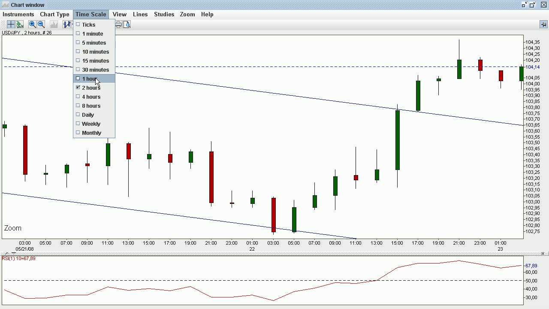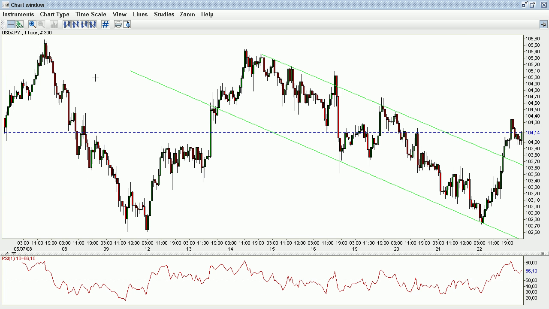So what might happen today is due to the correlation between the Euro US dollar and the US dollar Japanese yen. These pairs are negatively correlated, so if one falls down, then the other one is going to go up.